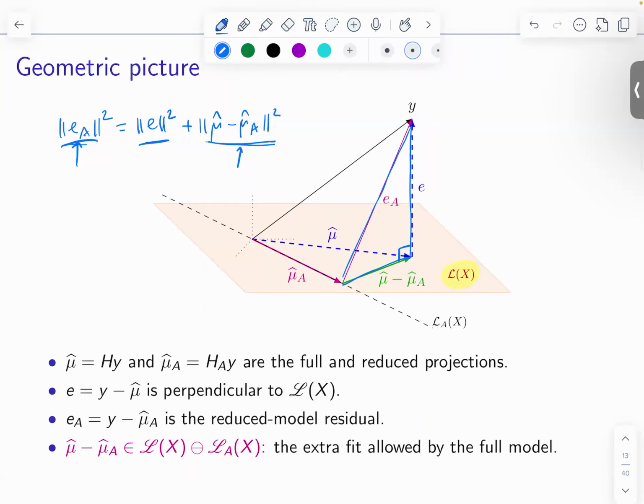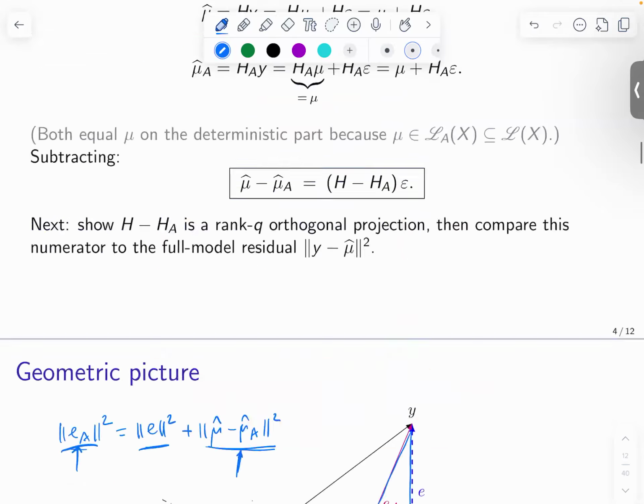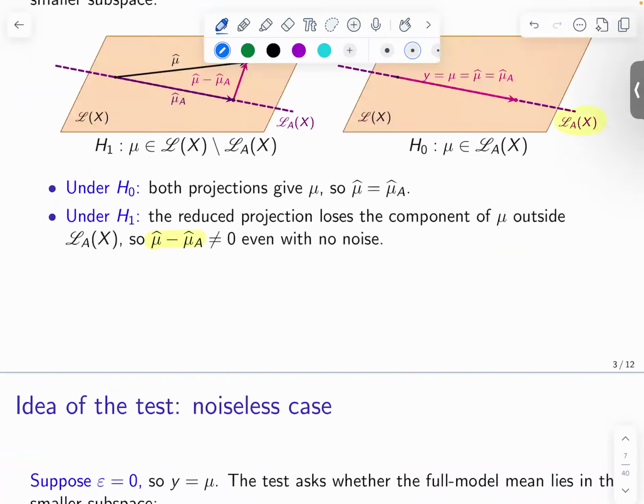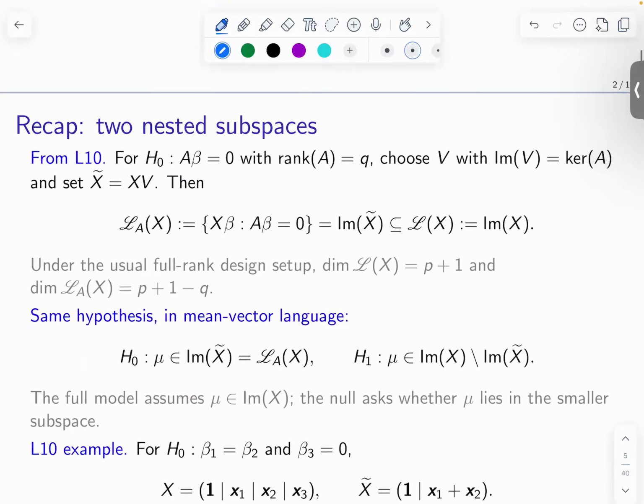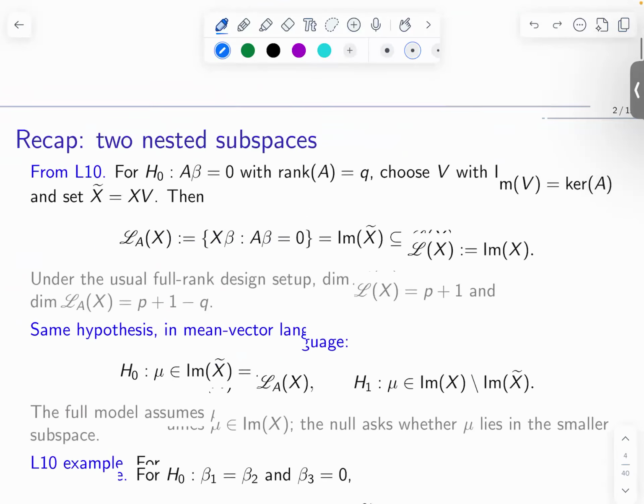So when I said the constraint caused this, what are the constraints here? There are different ways to state them, right? There are some constraints under the null. You can think of the constraints as being on beta. So A beta is equal to 0.